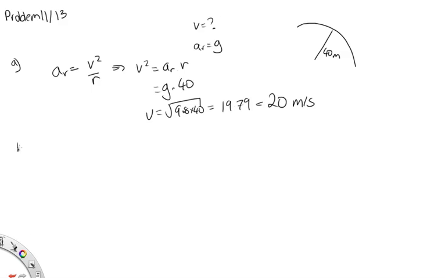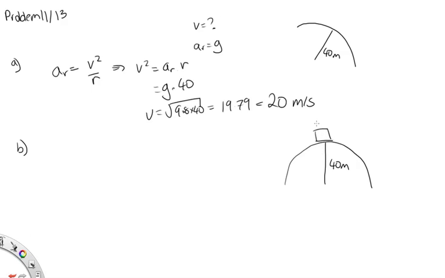That's part A. Part B says, suppose that the automobile is travelling at this speed along a straight roadway but over a hill having a radius of curvature of 40 meters. So here it is going over the hill. This is 40 meters. What is the behaviour of unattached objects within the car?